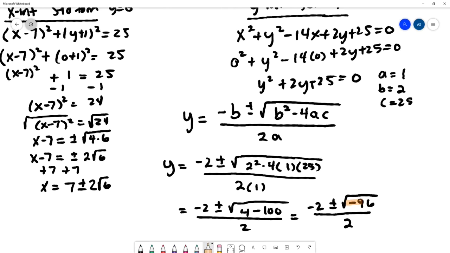Notice that I'm getting a negative value underneath the radical, so this is a complex or imaginary number. Because we're getting a complex number, we know that there is no y-intercept for this example.